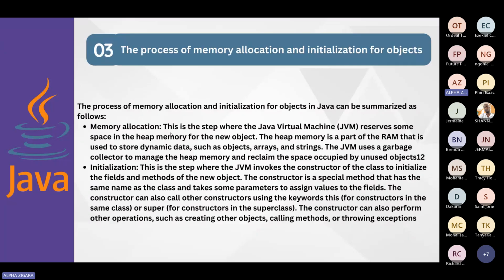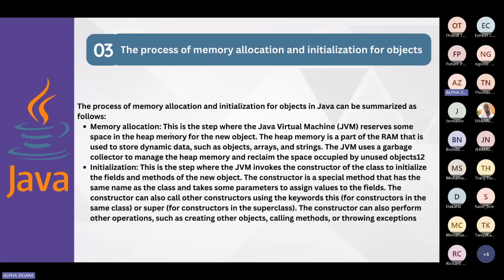Now we want to look at, when we declare and initialize objects, what happens in the memory and how it allocates these objects in the memory. So allow me to start by defining what memory allocation is. This is a step where the Java virtual machine reserves the space in the heap memory for the new object.